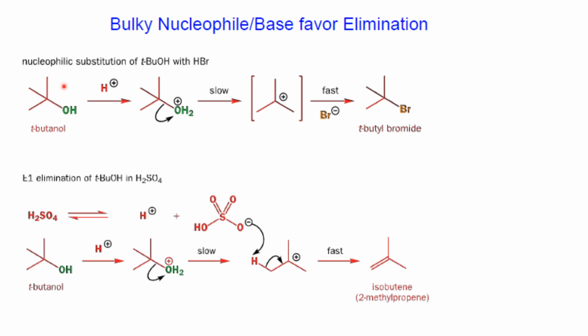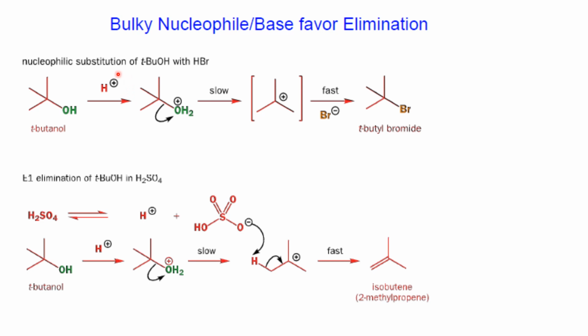For example, if you consider this particular case, you are having tertiary butanol. It is a substrate that can actually produce a stable carbocation. So definitely SN1 is also possible for this substrate.